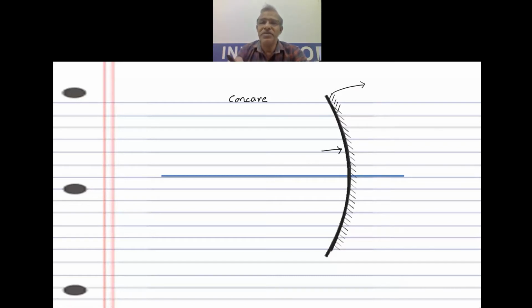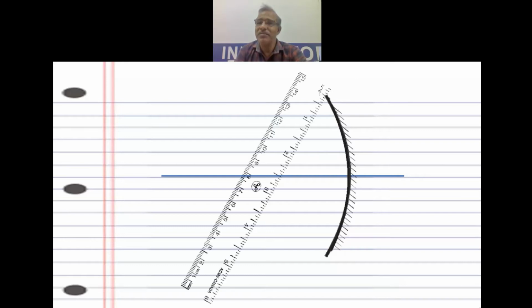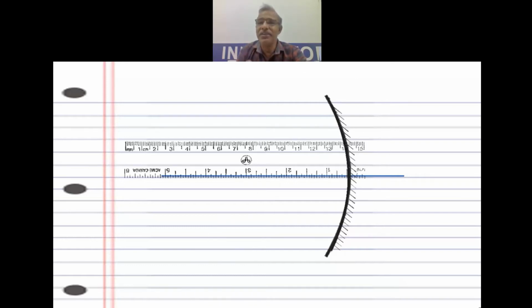And it is to remind you that only those light rays which are parallel to each other. And how will you draw? By using a scale. Again, you have to make use of the line which is already there on the notebook. So draw this along the line which is there in the notebook.